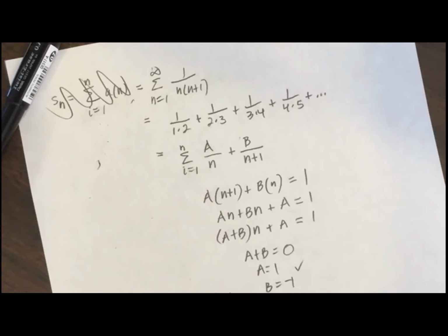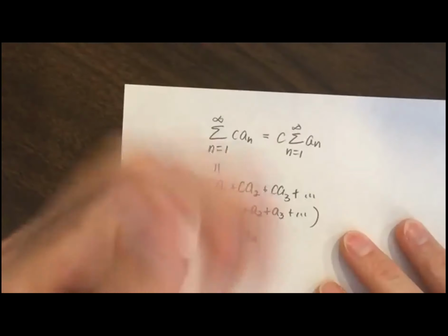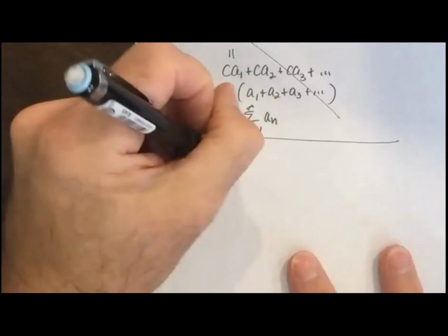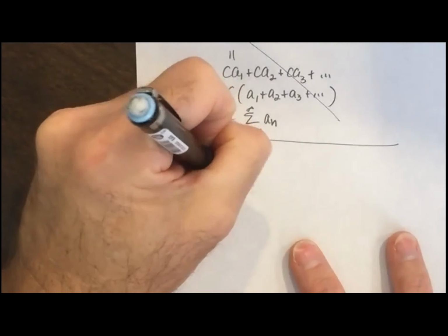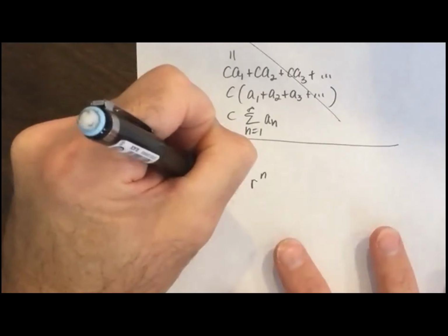Let me look at the last one. Let me put it up here because I mentioned it. It was a power series. It looks like this. If you have a series that looks something like this, we have a series of a ratio to a power.